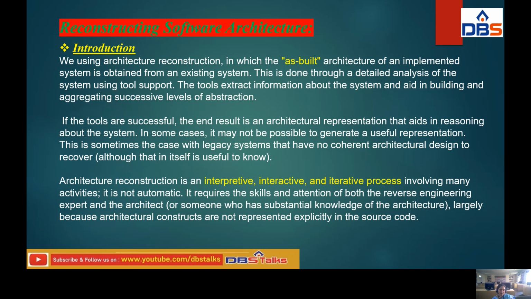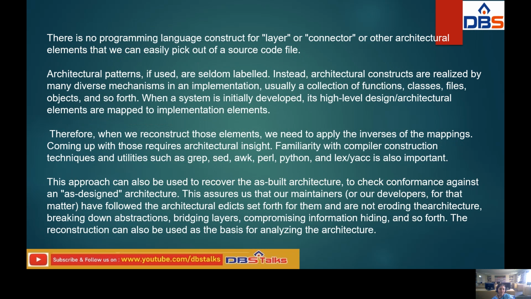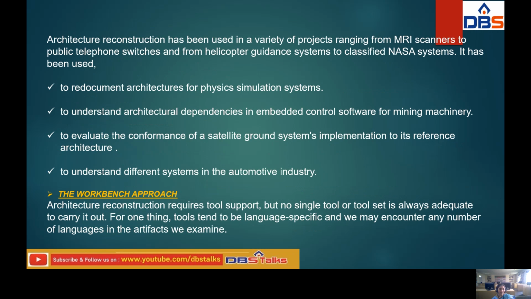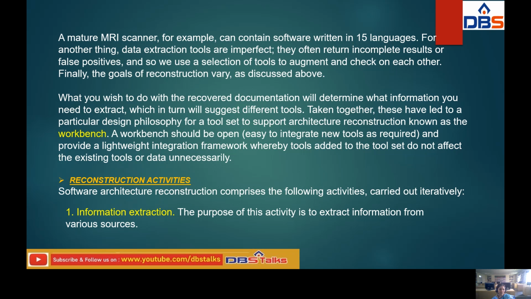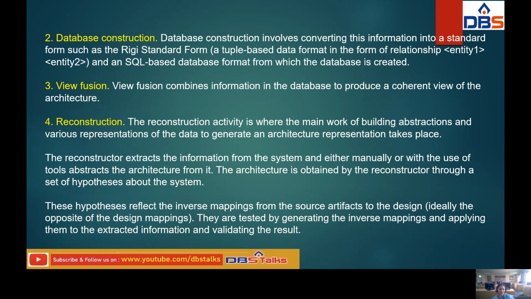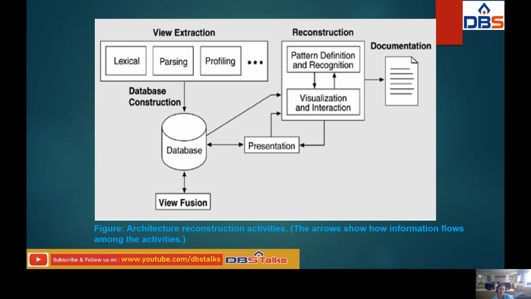Now in this we discussed reconstructing software architecture, its introduction, the workbench approach in the last class, and the reconstruction activities. We discussed the points we are reconstructing, and the block diagram of the architectural reconstruction activities in the last class.